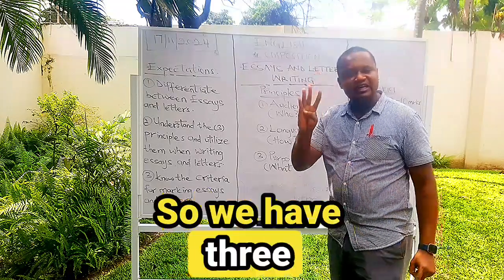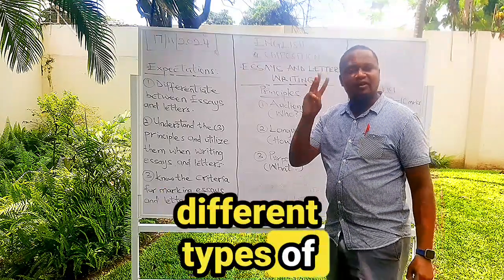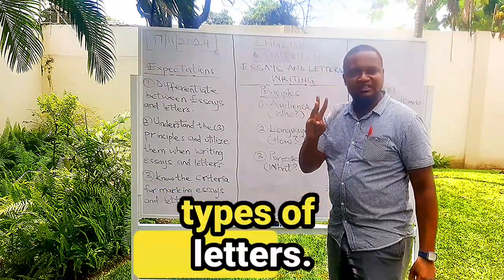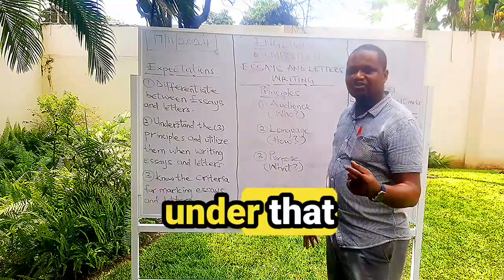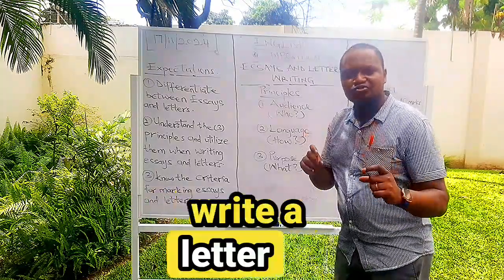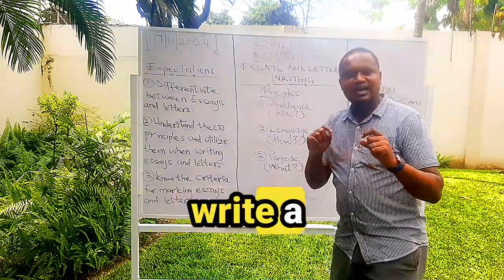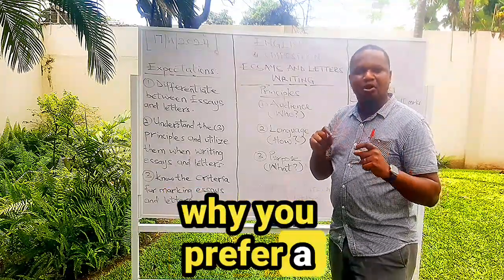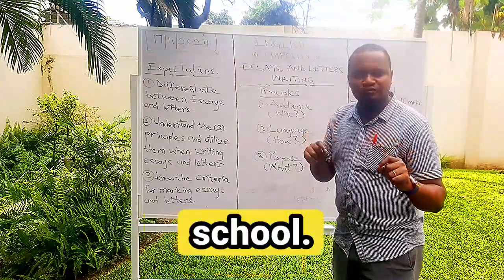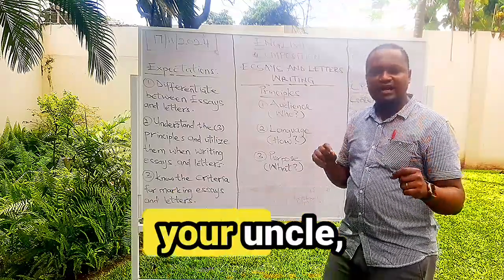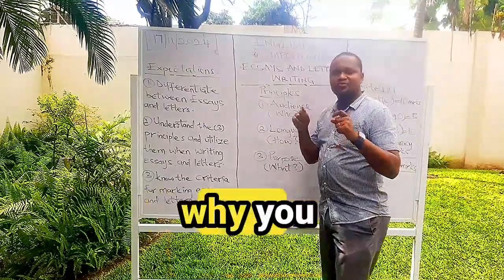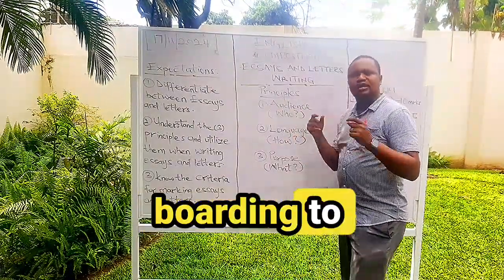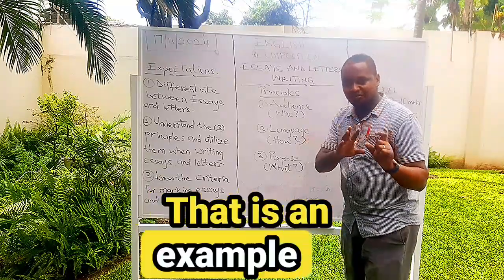So we have three different types of letters. An example could be: write a letter to your uncle giving reasons why you prefer boarding to a day school. That is an example of a letter.